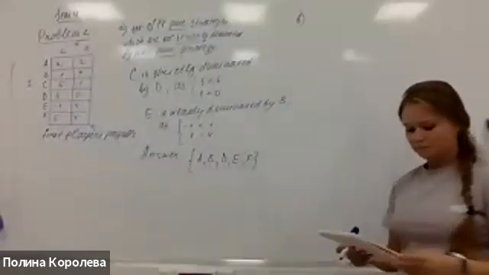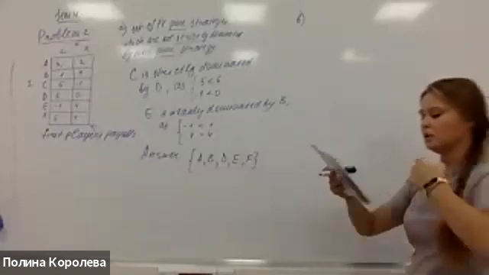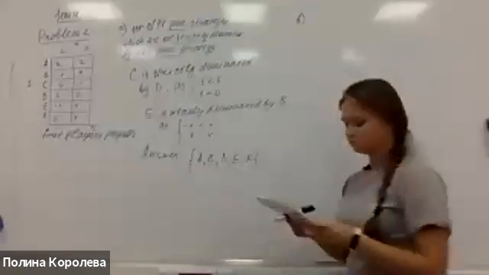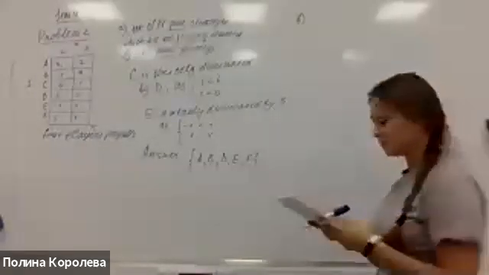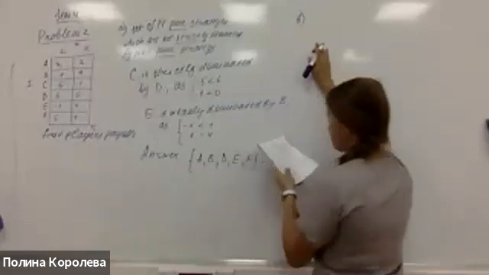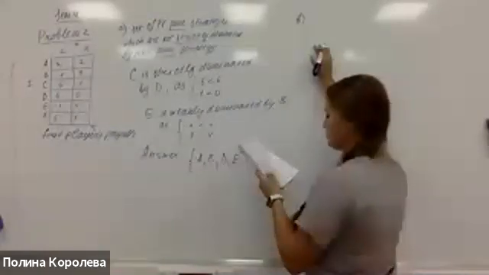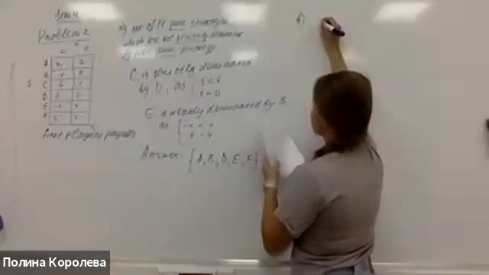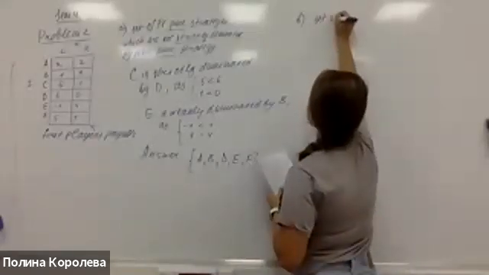In part B, we have almost the same task, but let's see the difference. We should write down the set of player one's pure strategies.